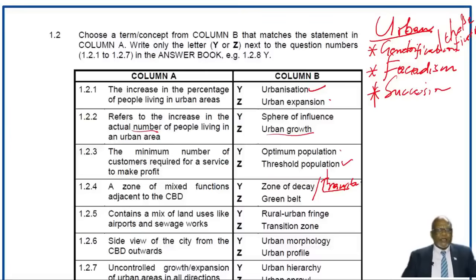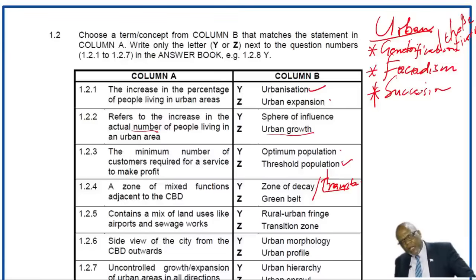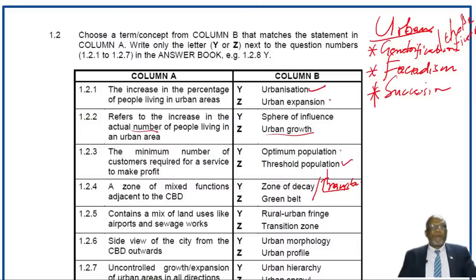So the land use of my house, which was residential, is no longer residential; it is now used for business. It means one land use replaces another. That's what we call succession and invasion.